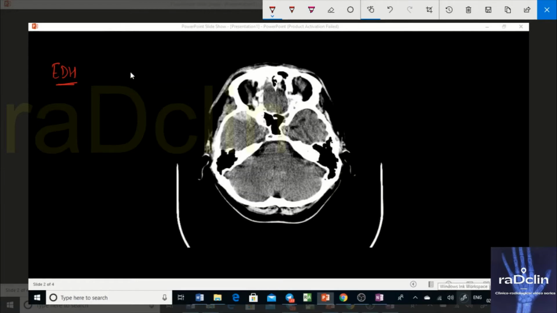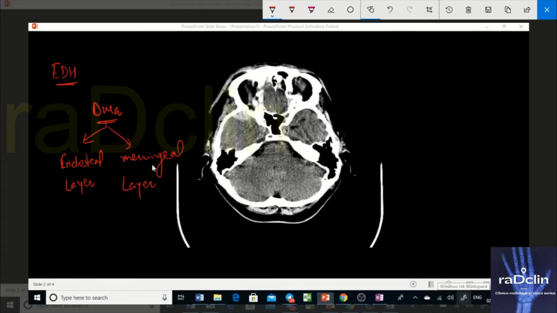Now if you look at the dura, the dura has basically two layers. One layer is attached to the calvaria, that is your endosteal layer, and another layer is your meningeal layer.